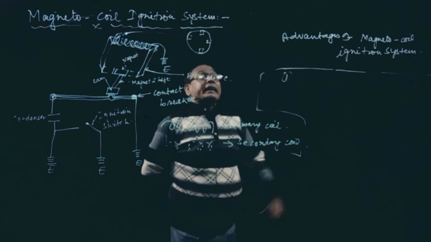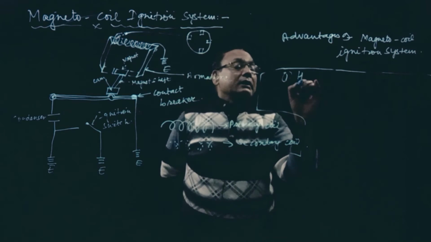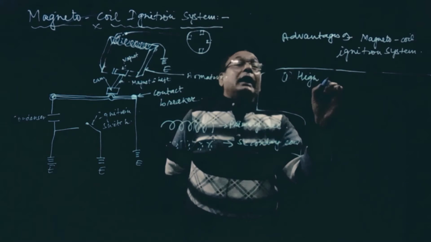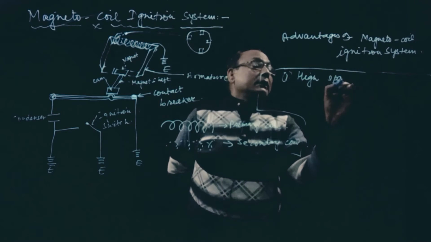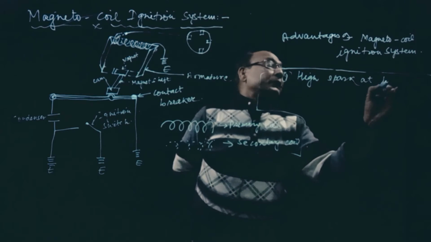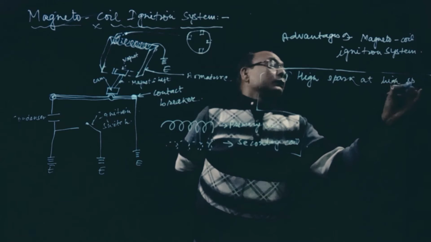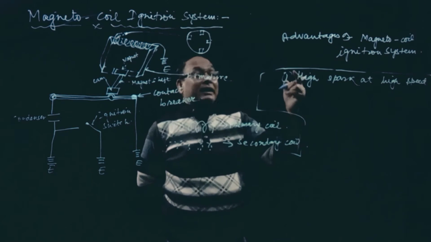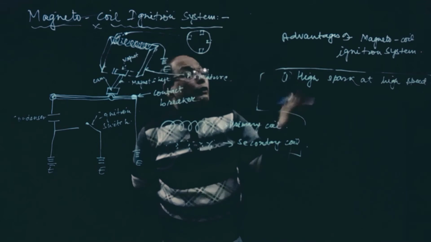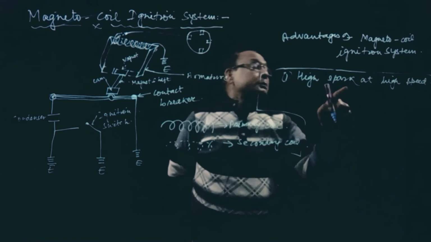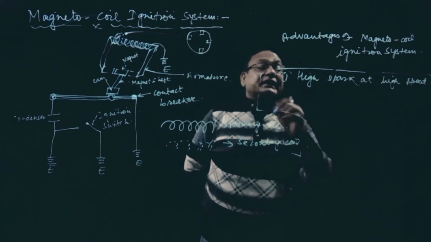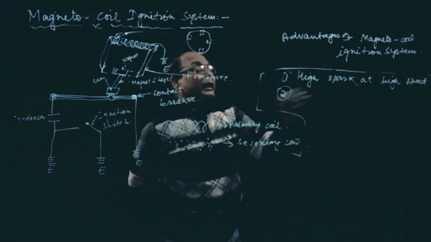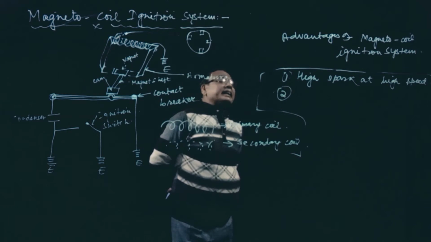Here it produces high spark at high speed. In the battery coil, it was high spark at low speed and low spark at high speed. So high spark at high speed is the greatest advantage of this one.